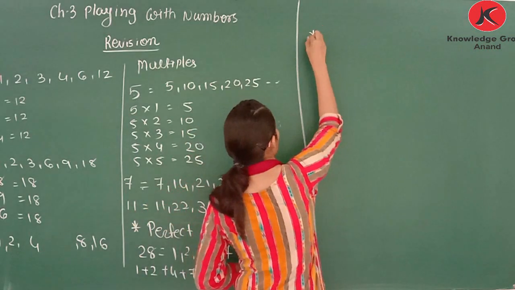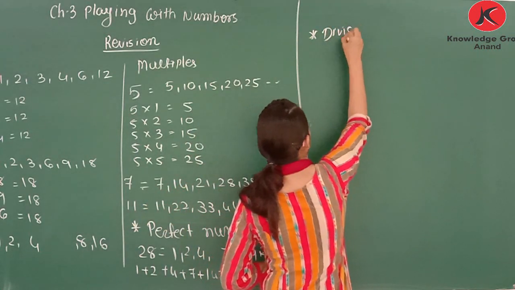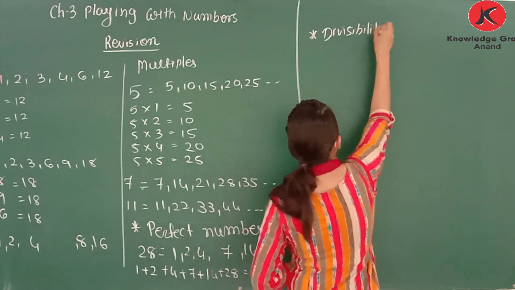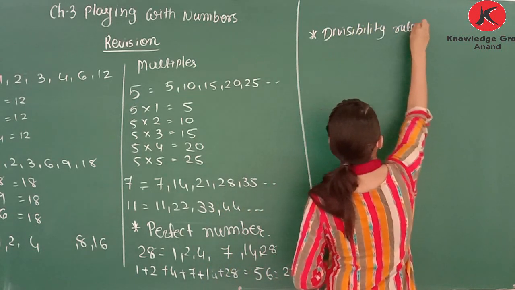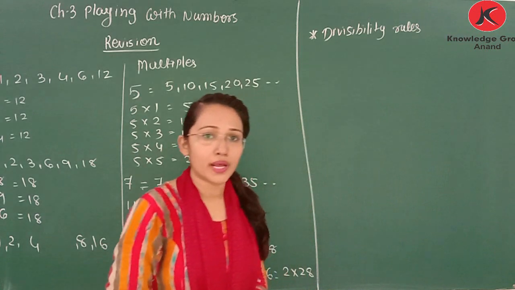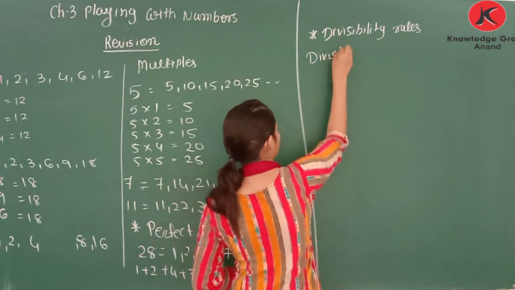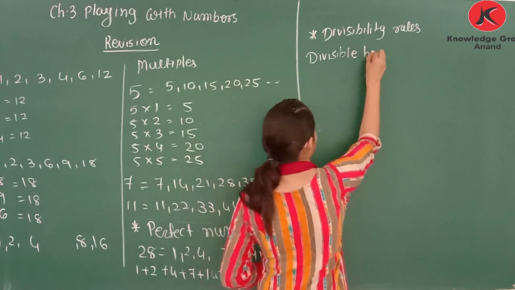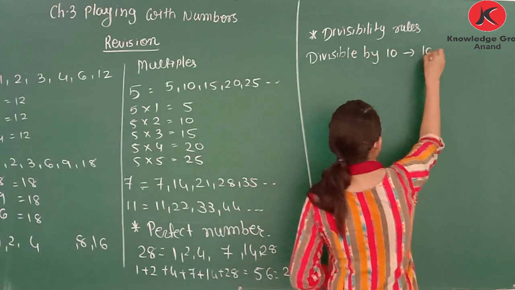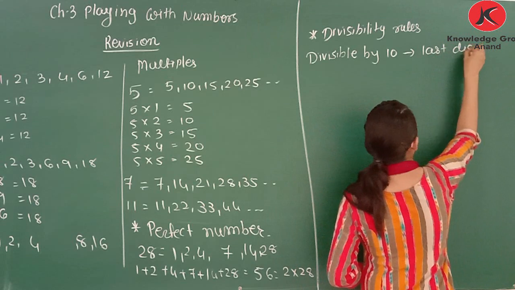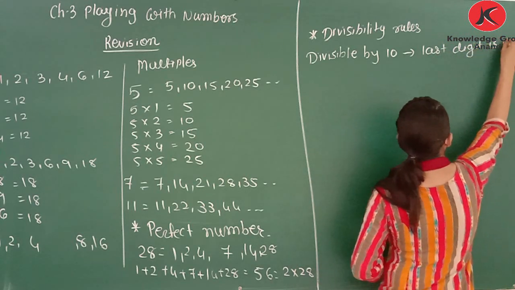In divisibility rules, which numbers are divisible by 10? If the last digit is 0.